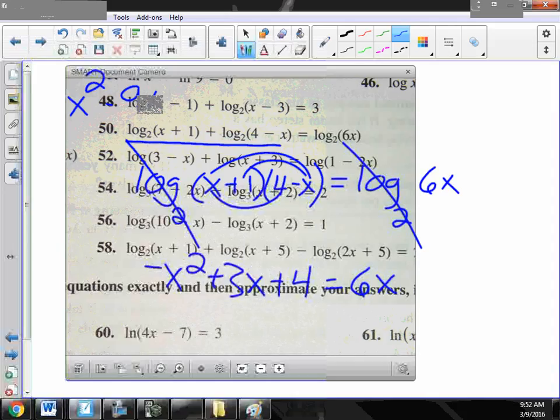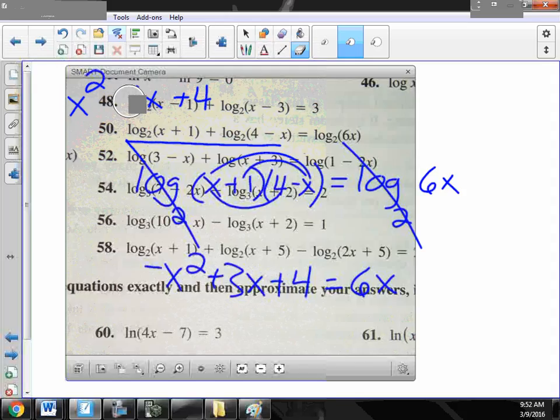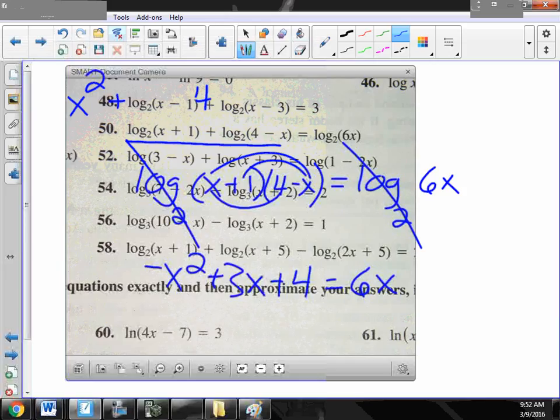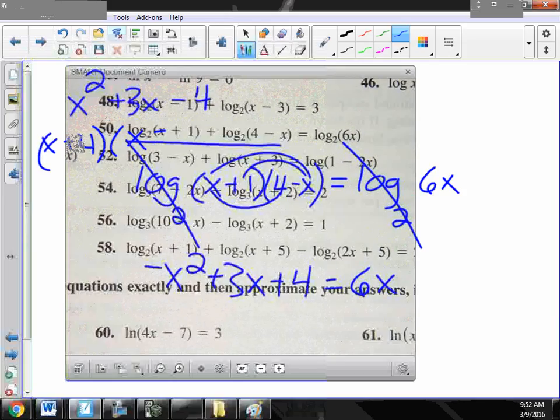Oh, did I do that wrong? Oh, that's a positive 6. And minus 4. Okay, thanks. So plus 3x minus 4. Factor that. X plus 4 and x minus 1.